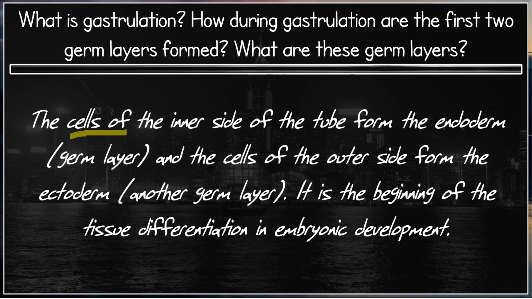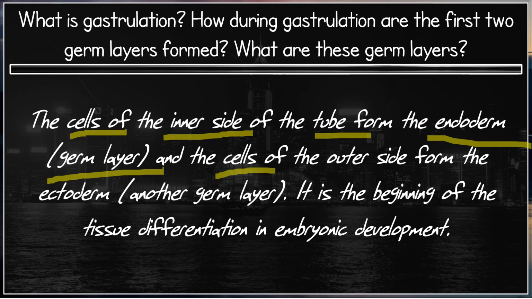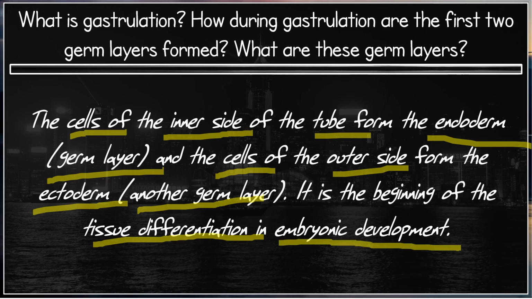The cells of the inner side of the tube form the endoderm, a germ layer, and the cells of the outer side form the ectoderm, another germ layer. It is the beginning of tissue differentiation in embryonic development.